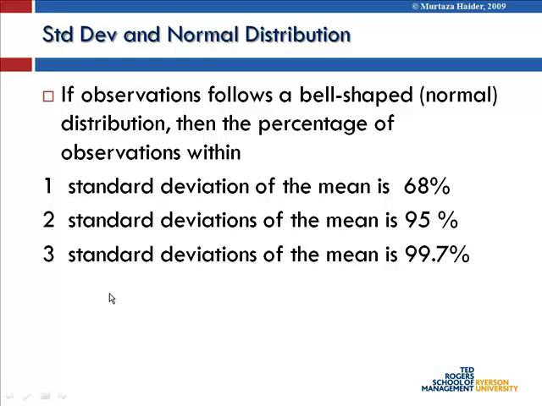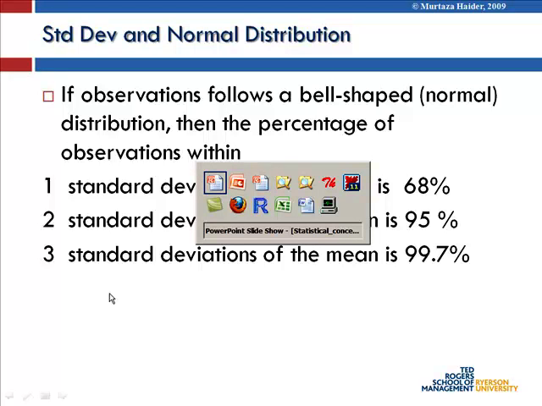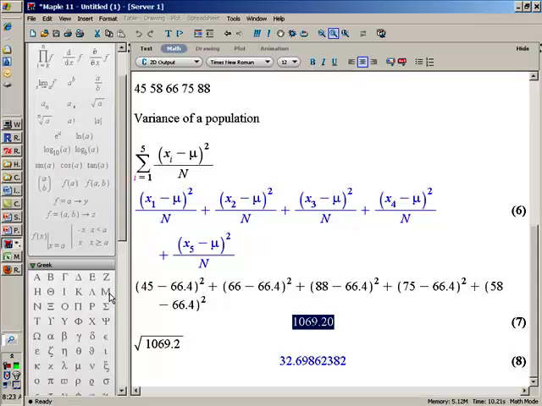There's an interesting relationship where if the data are normally distributed, then within one standard deviation of the mean value, you would have at least 68% of the observations, which means that 68% of the observations would have a value of either mean +1 standard deviation or mean -1 standard deviation.